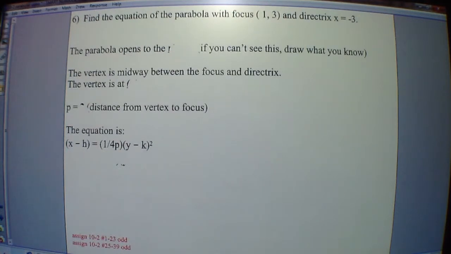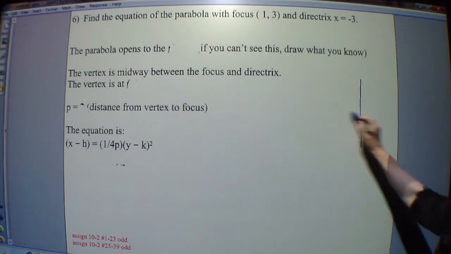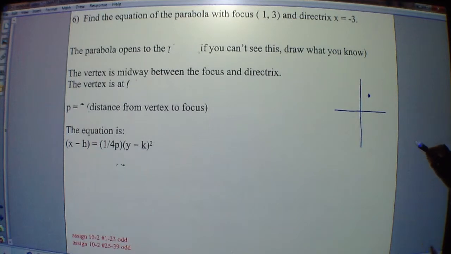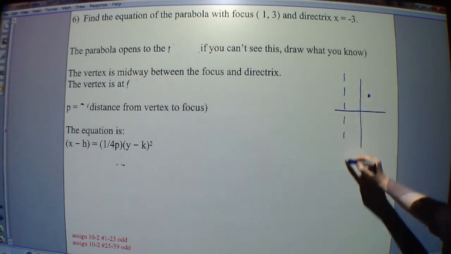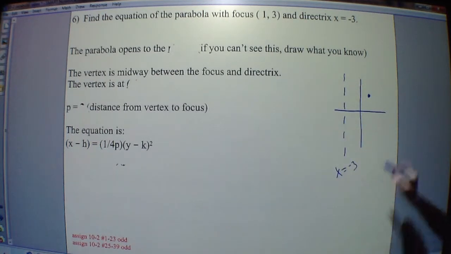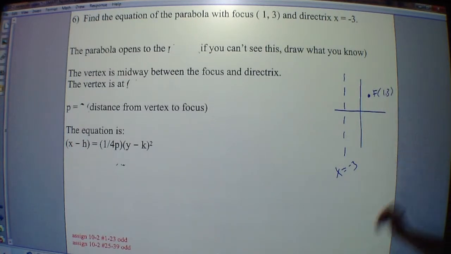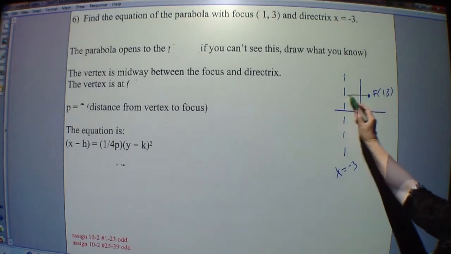Find the equation of the parabola with a focus of (1, 3) and a directrix x = -3. Let me draw a quick picture. Focus here is (1, 3), directrix x = -3. So my vertex is halfway in between here.